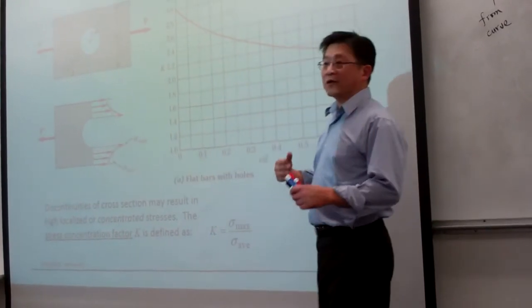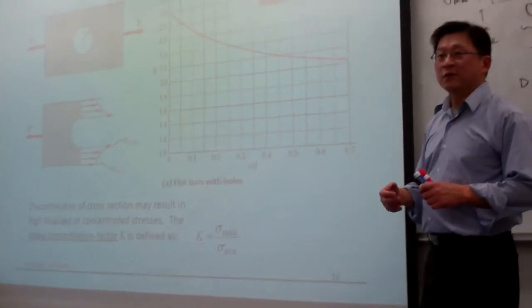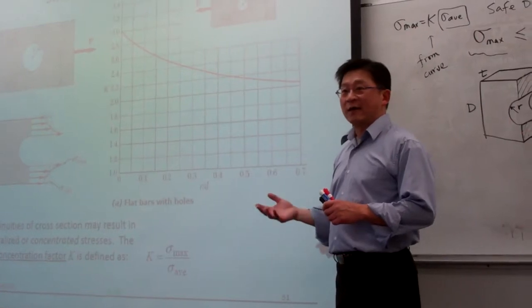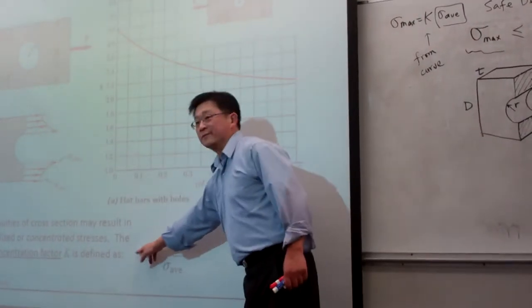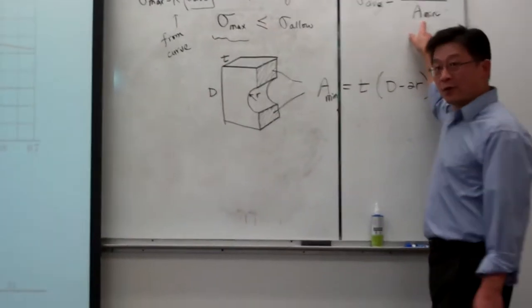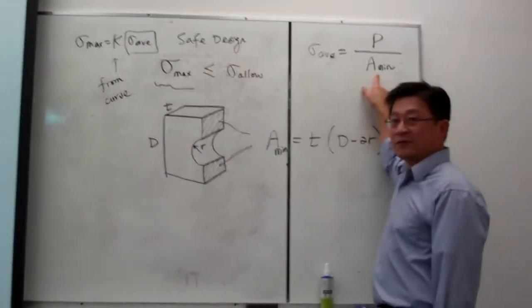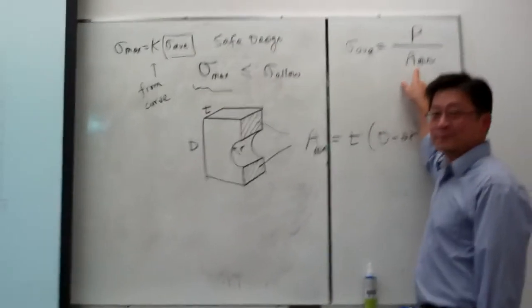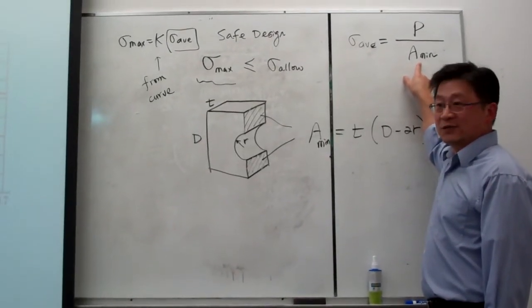So people tried to come up with some simple formula to help us estimate this value, and that is this one. And why that formula must take the force divided by the minimum area, I don't know. They just somehow came up with this formula. We just take it.